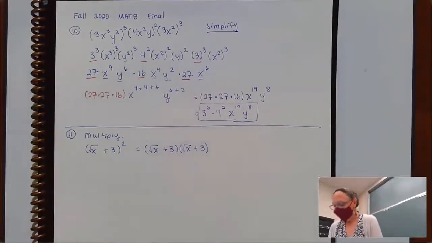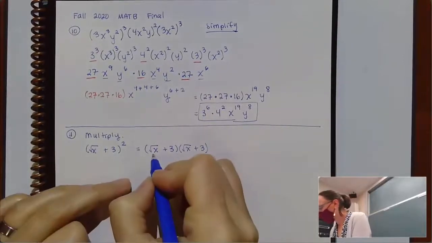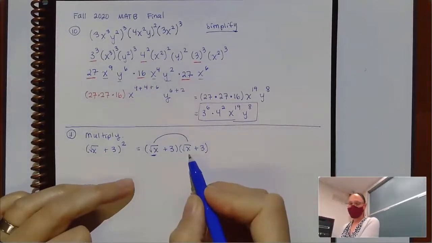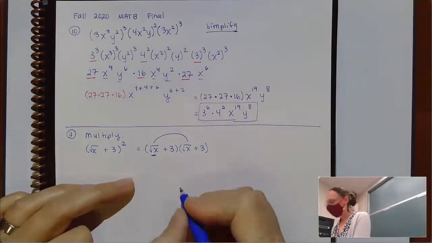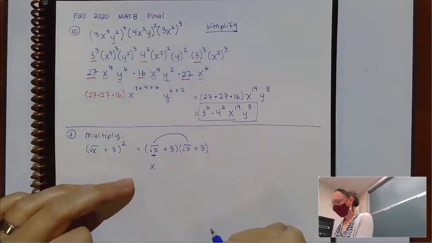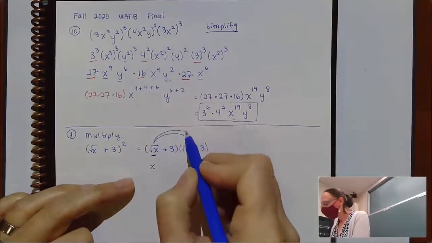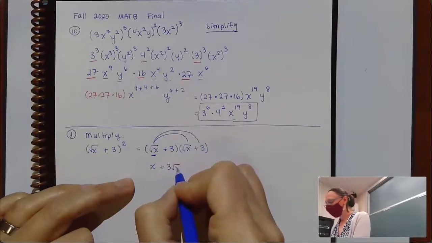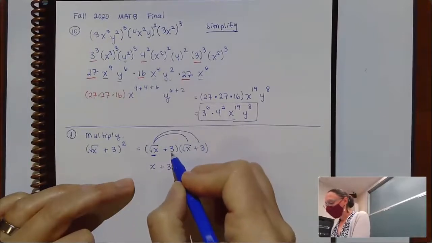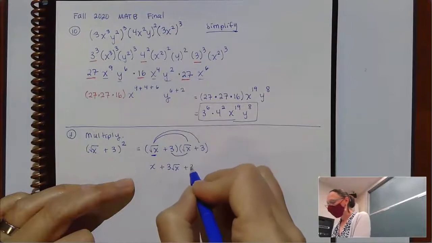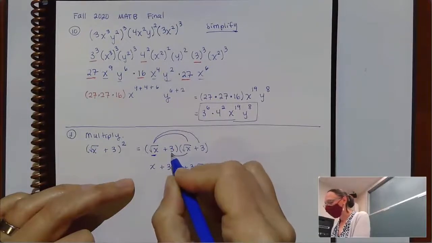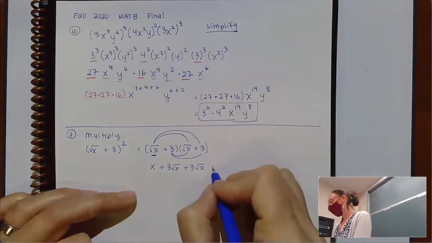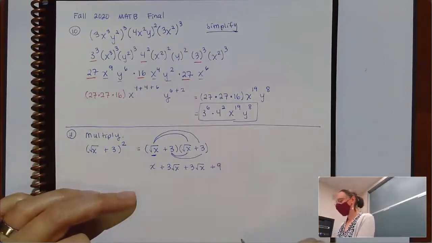So if I start with that square root of x, when I multiply the square root of x times the square root of x, I get x. The square root of x times 3 gives me 3 square root x. I have another 3 square root x. And finally, I have a positive 3 times a positive 3 to give me a positive 9.